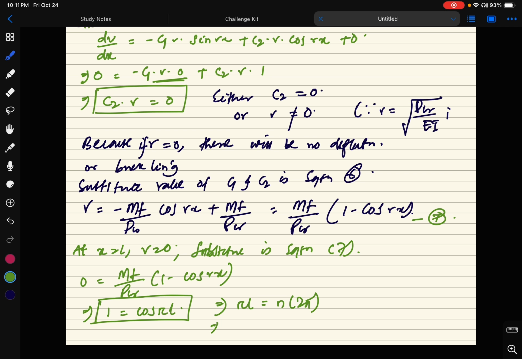We got R is equal to square root of PCR by EI, which is equal to n dot 2 pi divided by L, which gives PCR is equal to n square 4 pi square EI divided by L square.